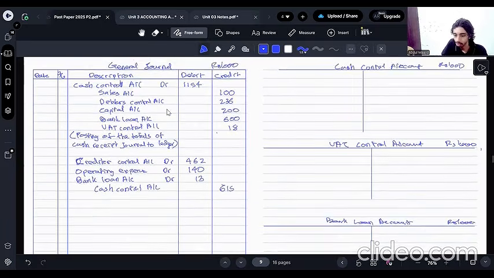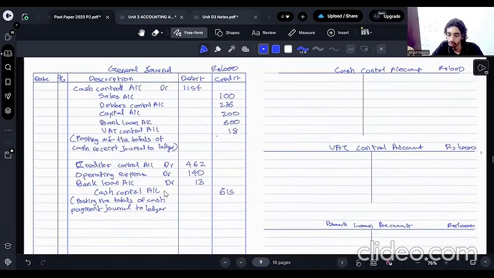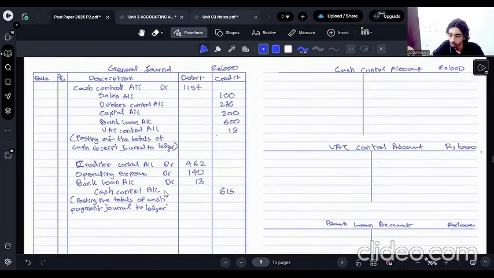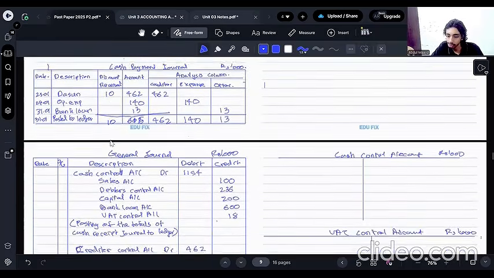So here you can say posting the total of cash payment journal to ledger. You can also say posting journal entries for the totals of the cash payment journal. That is also fine. And this is done. And then the discount received amount, you should separately show it.